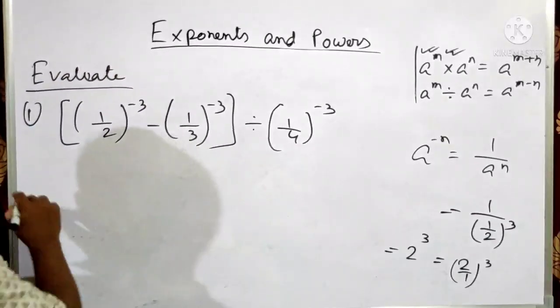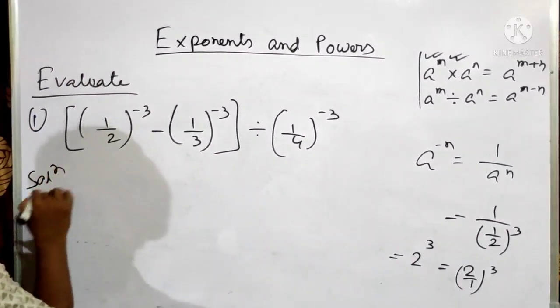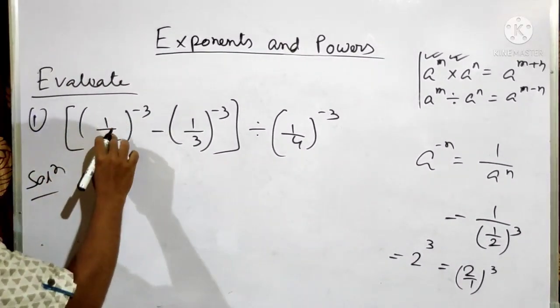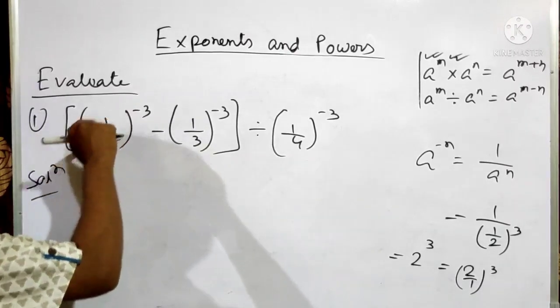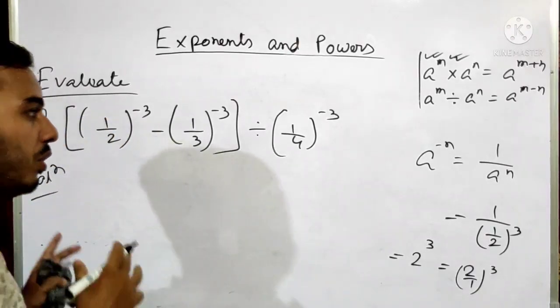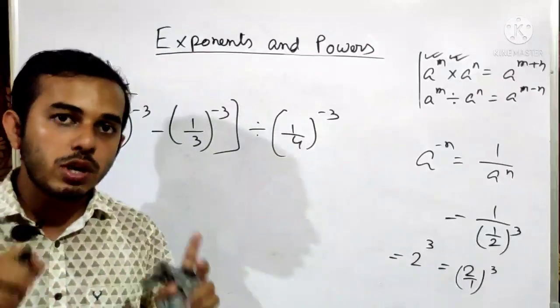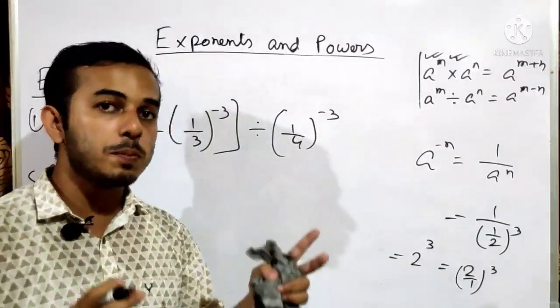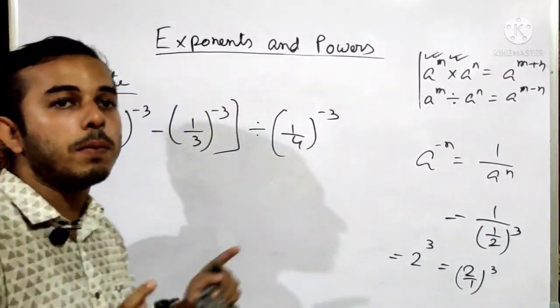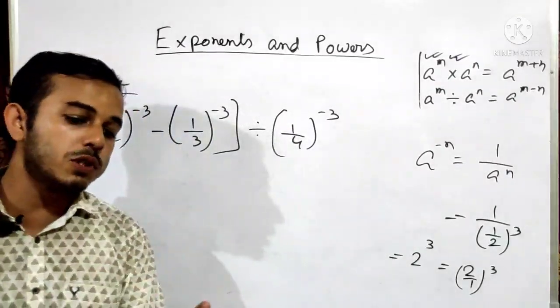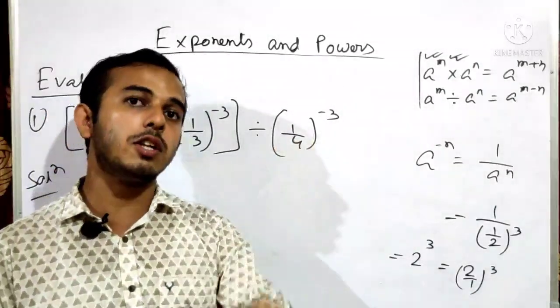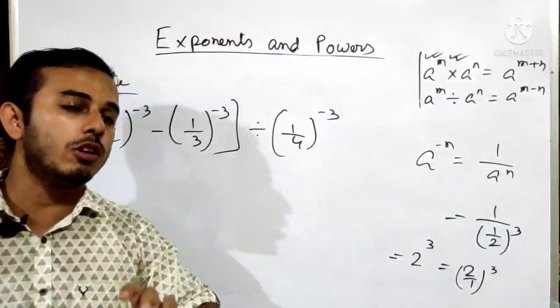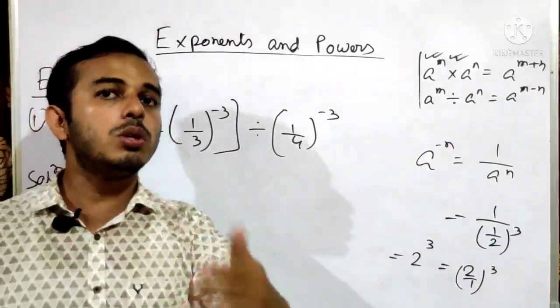Clear? Okay, so we will write the solution. Here a power minus n, isn't it? If we have a fraction and the power is negative, then to make the power positive, bring the numerator to the denominator and the denominator to the numerator.